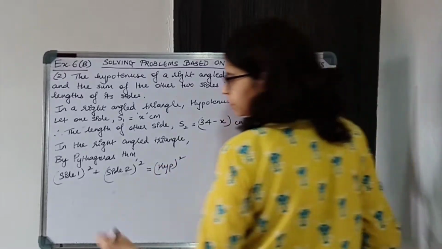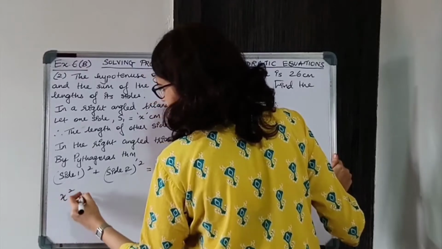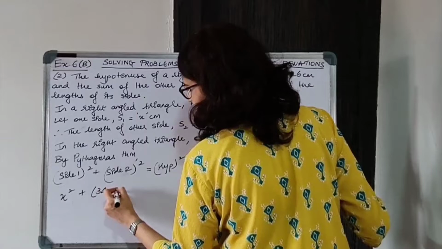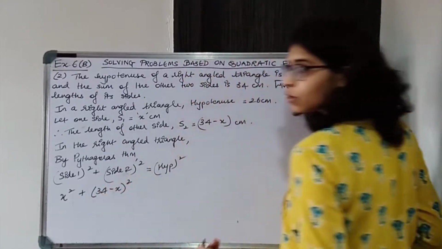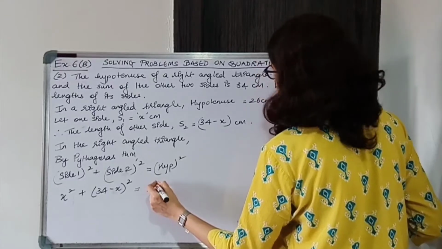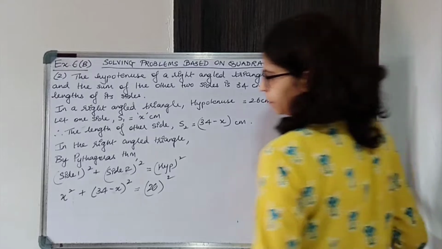Okay, so side 1 is x square, side 2 is 34 minus x the whole square. Okay, and hypotenuse is 26. Okay, so 26 square.